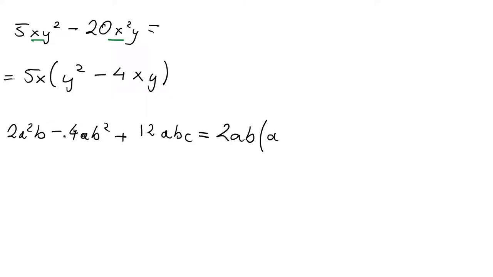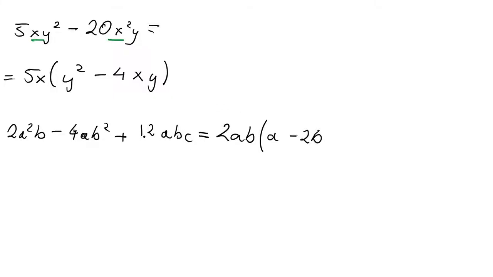Now inside the bracket, I have the second term, minus 4ab squared. So minus 4 divided by 2 is minus 2. Then that a is jumping out of the bracket. One of those b's is jumping out of the bracket, so I end up with minus 2b.